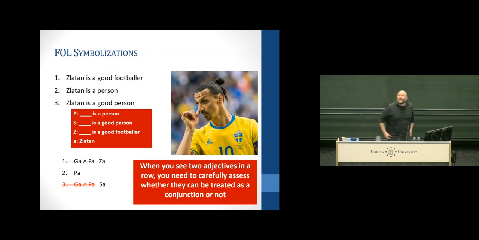We need another predicate, right? If we wanted to just say Zlatan's a footballer, these aren't going to do it, because the only predicates we have are good person and good footballer. So we need to have one more. In some sense, that's a limitation, if you like, on this key.